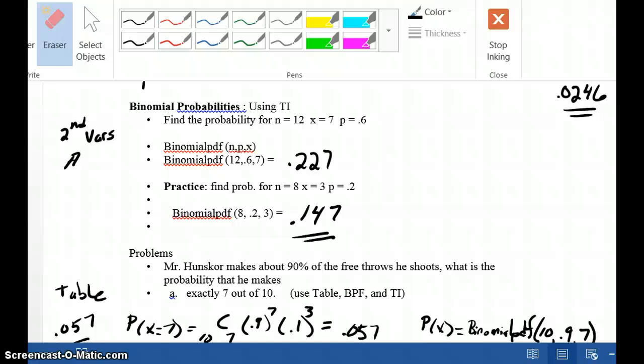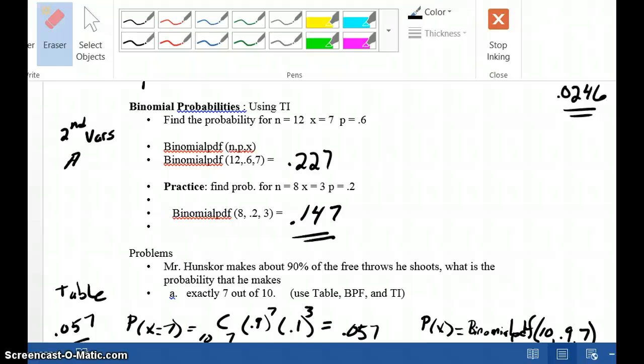So on your TI-84, you're going to have to hit the buttons second vars, which brings up the distributions, and then toggle down to A. There you should see binomial PDF. So you'll hit enter on your calculator. For a binomial probability distribution, the PDF is probability distribution function.